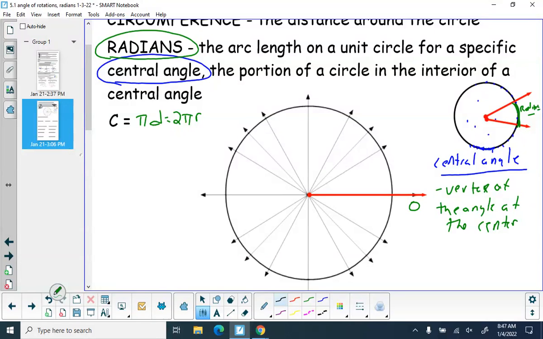If we take a look at a rotation of a ray, which is by definition of an angle in trigonometry, if I would take a ray and rotate it the entire way around the circle.